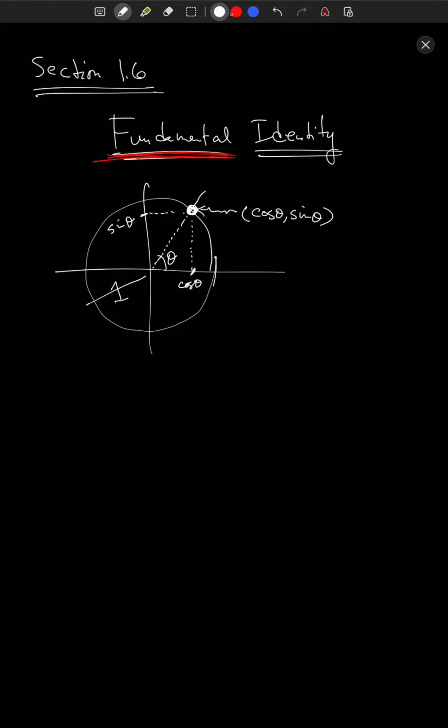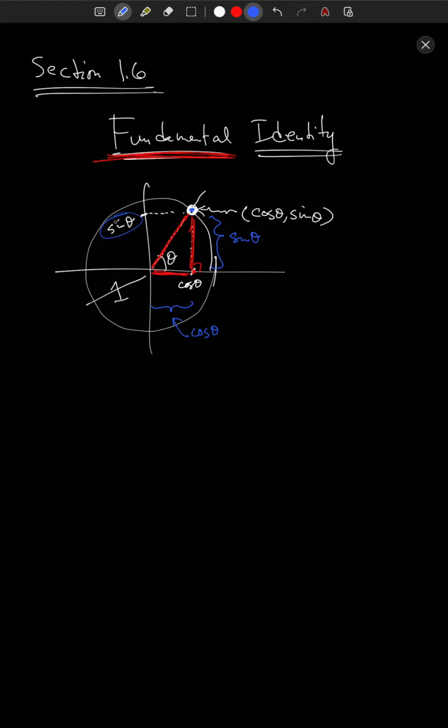But one thing you can notice here is we actually have a right triangle going from here to here, to there. Because this position right here is cosine theta, we know that this length is cos theta. Because the height of this point is sine theta, we know the height of this right triangle is sine theta.